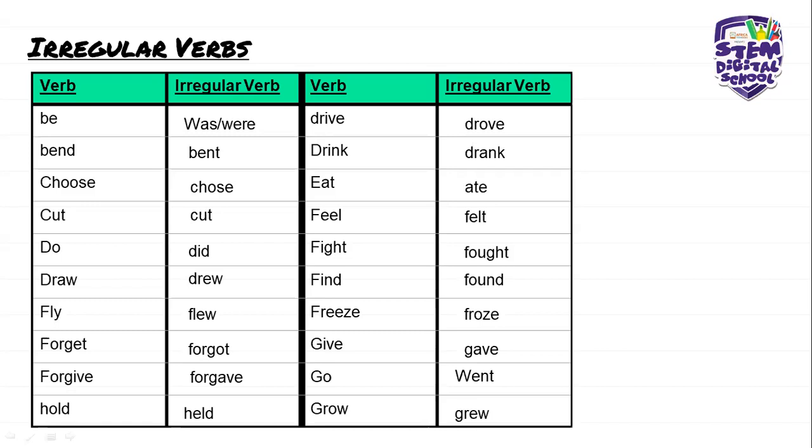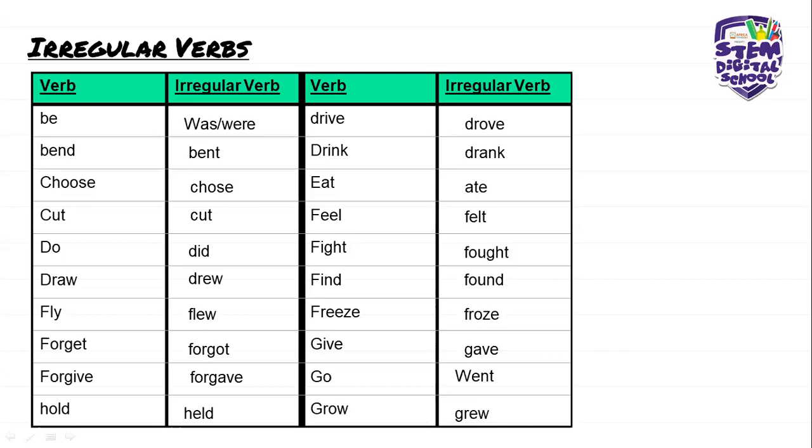Yes, ma'am. I wanted to ask, are irregular verbs another word for past tense of a verb? Basically, yes, it's the same thing as past tense. The only difference is that the word changes completely. So if I ask you for the past tense of something and the word changes completely, then it's an irregular verb. You understand?